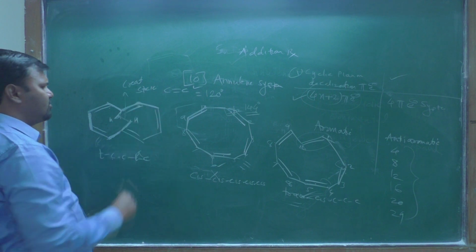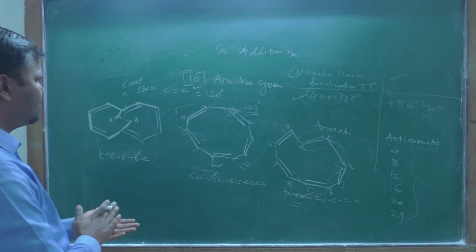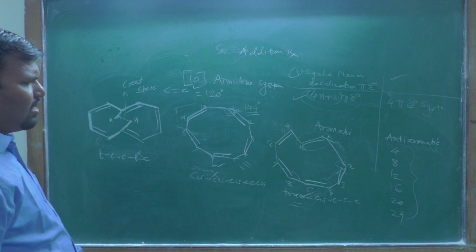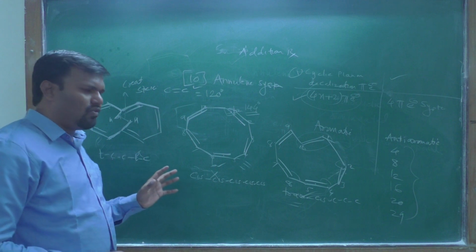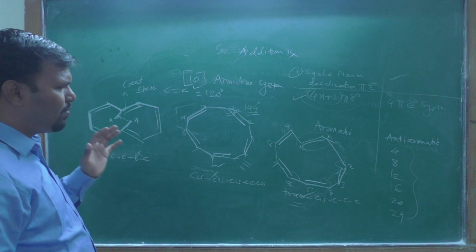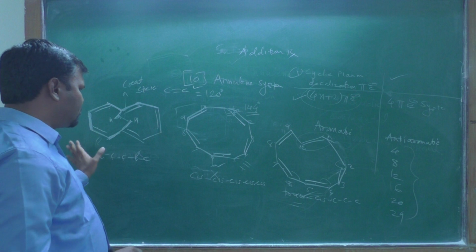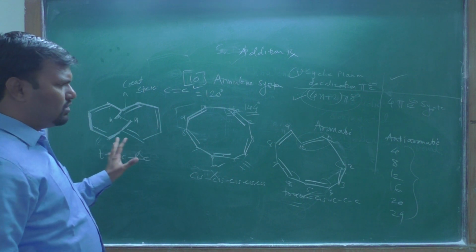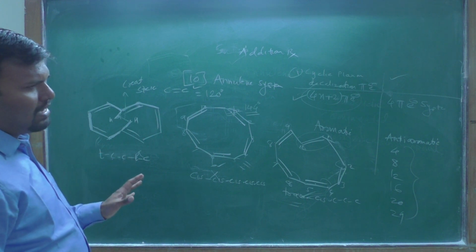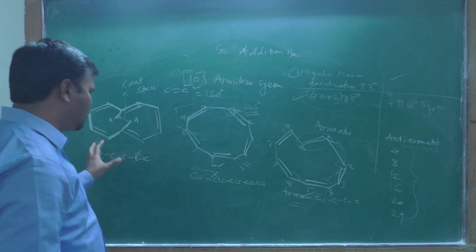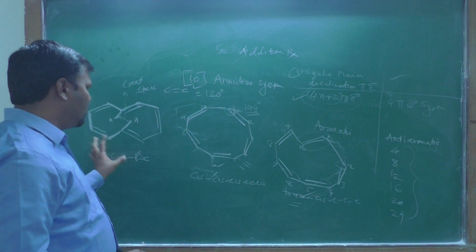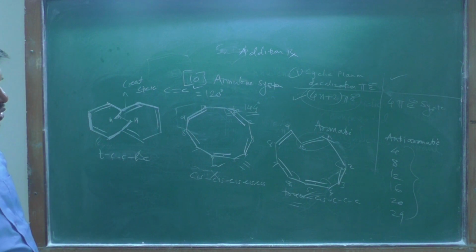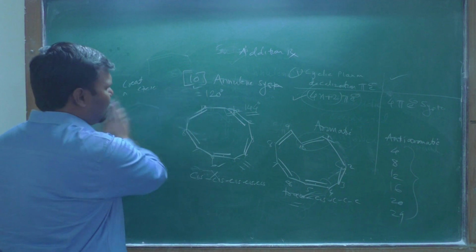Due to this reason, the planarity of that molecule is disturbed. Though it follows the 4n plus 2 pi electron system, it does not have planarity. Therefore, delocalization of pi electrons also does not take place in this compound. So this compound is not aromatic, though it has the Huckel number.